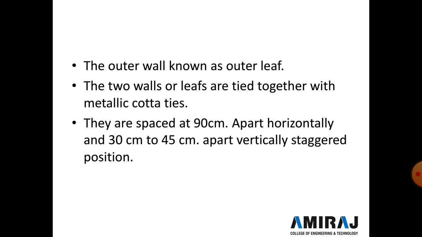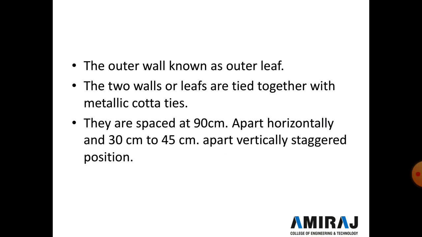Now the outer wall is known as the outer leaf and consists of 10 centimeter thickness, and the inner wall is thicker and stronger to carry the impact load safely. The two walls or leaves are tied with each other with metallic coated ties to obtain structural stability.